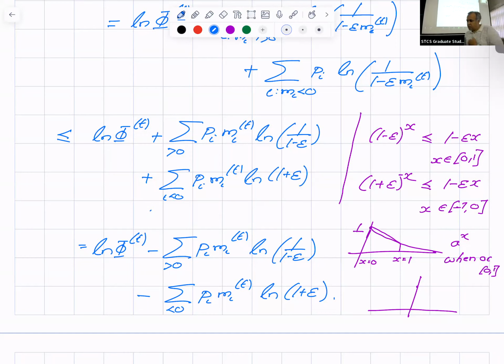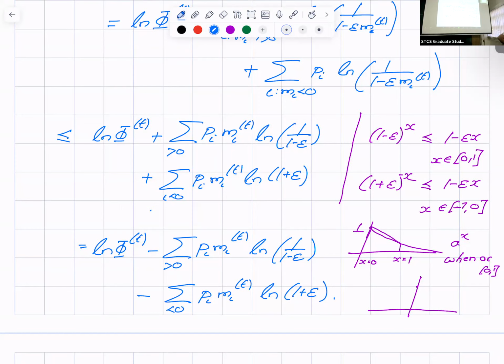And does that go in the right direction I want it to go? The second inequality is reversed.